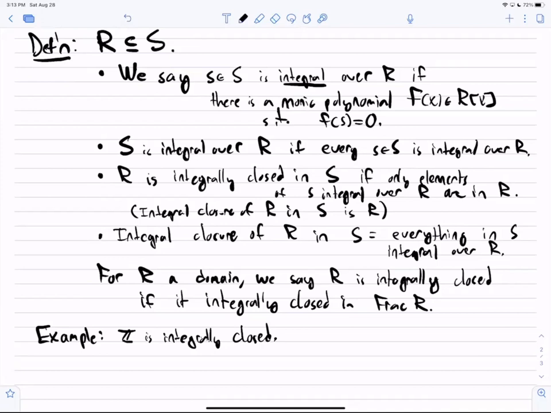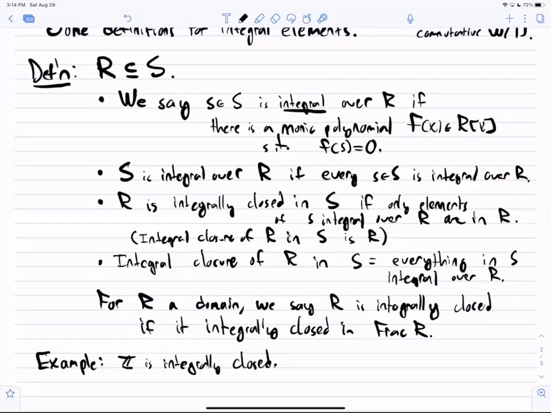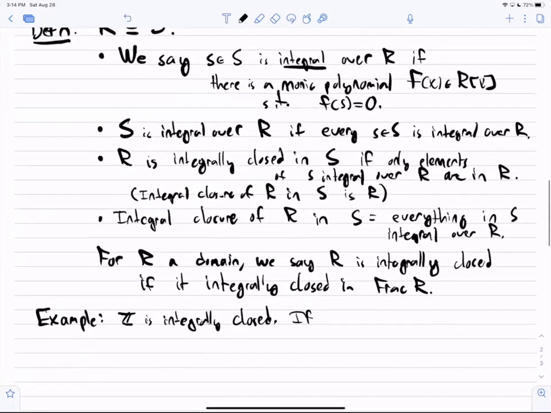If K is a field, then K[X] is integrally closed.